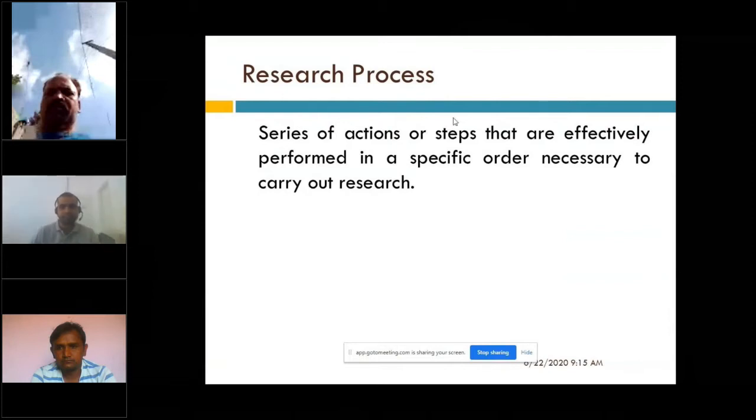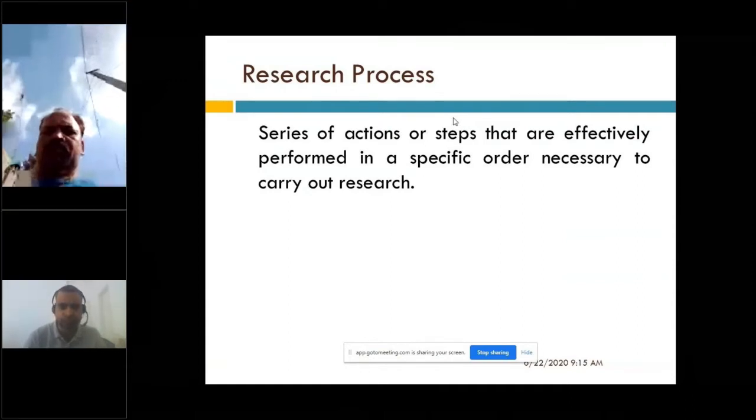Here we can see a series of actions or steps that are effectively performed in a specific order. So order is important. Unlike any other process, if we miss this order or sequence, research does not remain effective. So now we will move to steps of research process.